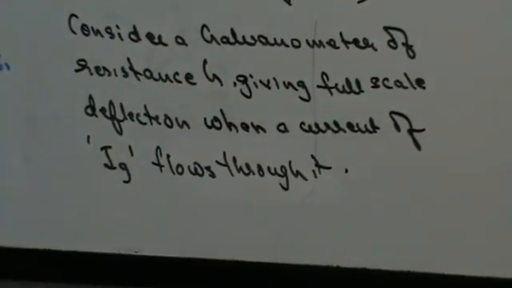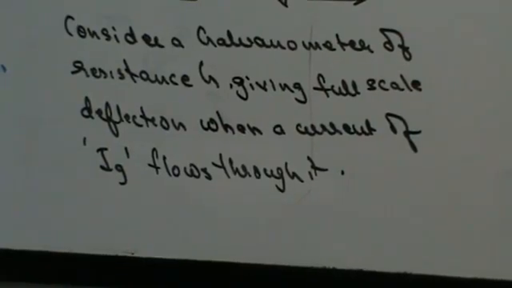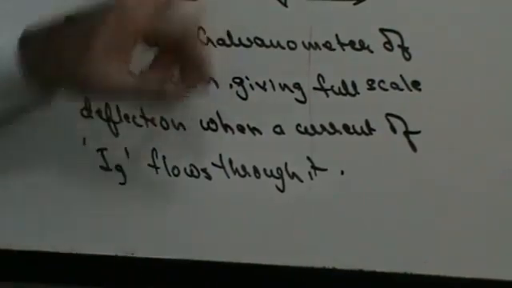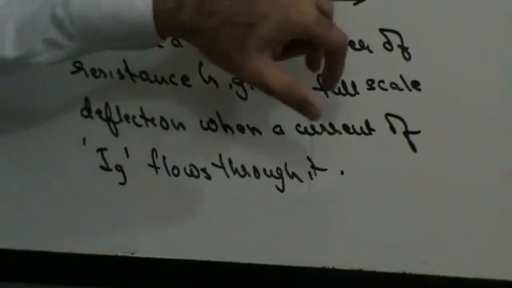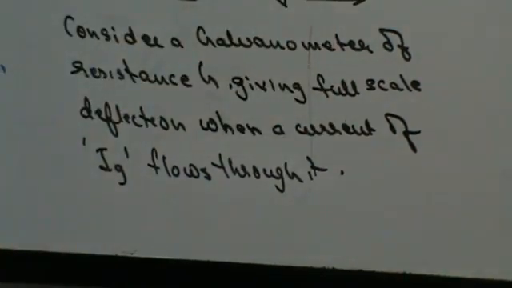The resistance should be R as the galvanometer resistance? I'm considering the galvanometer resistance to be G. The galvanometer resistance is G, and the series resistance I'm going to consider as R. Fine, do we get this thing here?